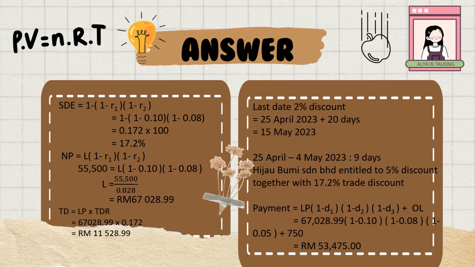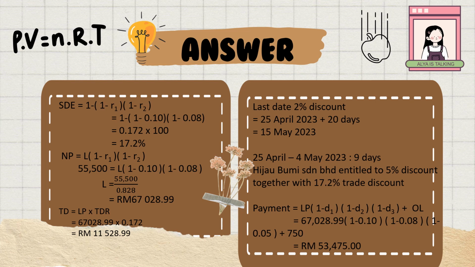Then we put list price as the subject. So list price equal to 55,500 divided by 0.828. So the answer is 67,028 ringgit 99 cents.